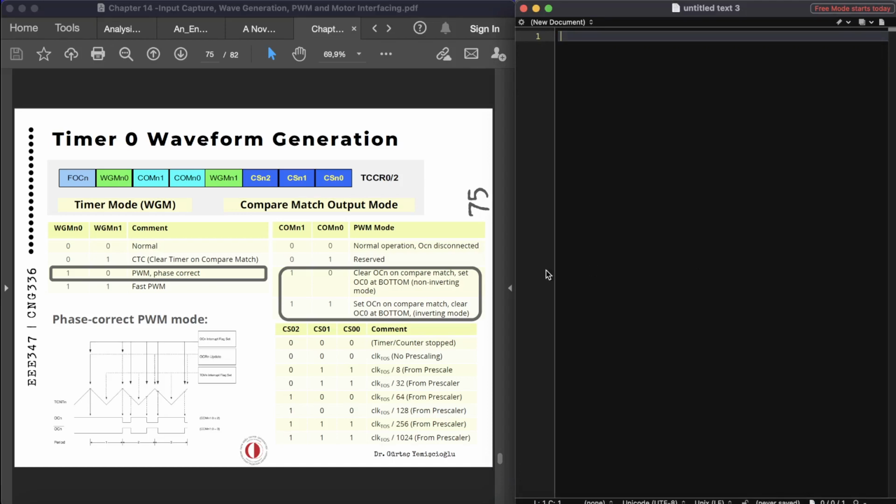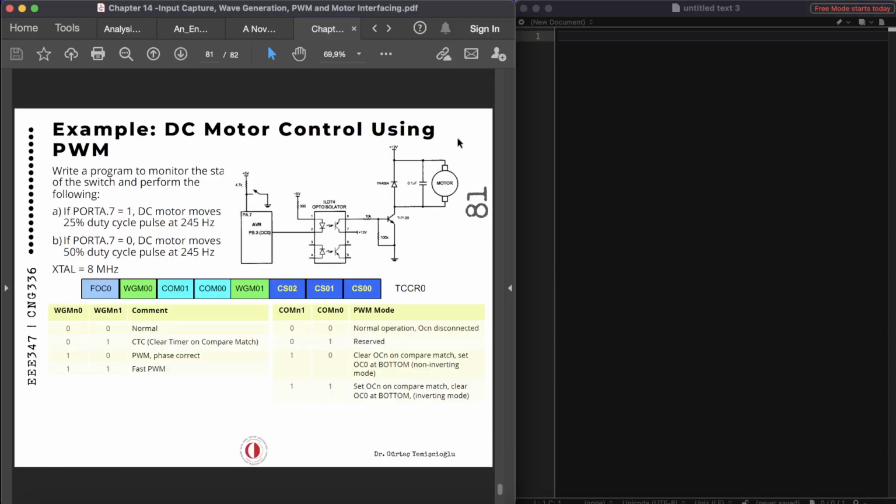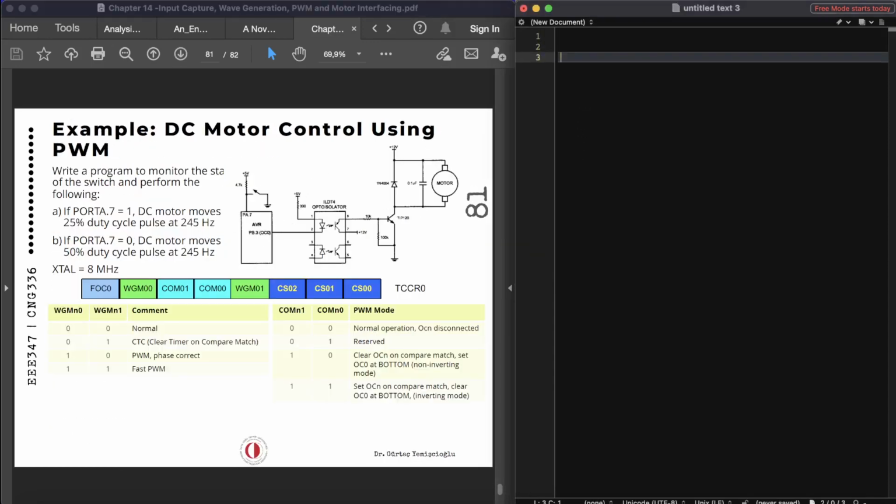Now we need to set the port that is controlling it, which is PB3. So we can say SBI DDRB, 3. So set PB3 as output.